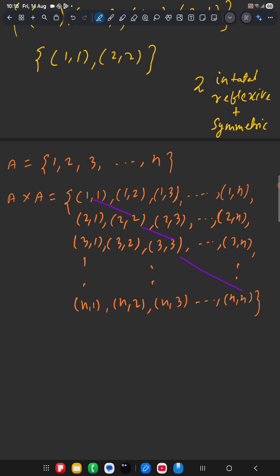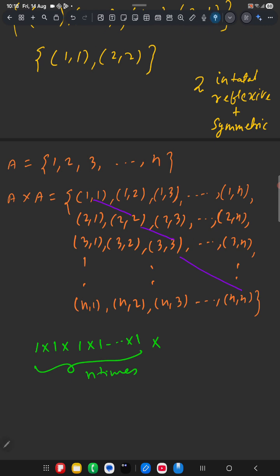They have no choice other than to be present, and these are n in number. Each of these n elements has only one choice, so 1 multiplied n times.